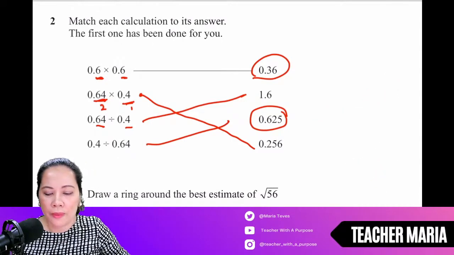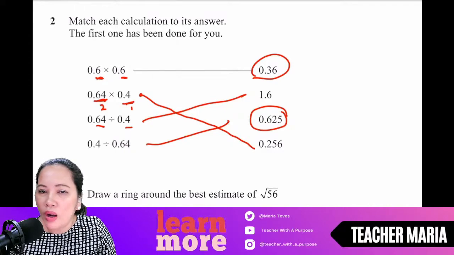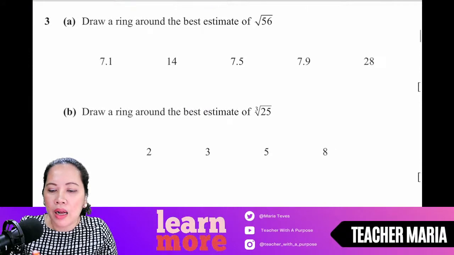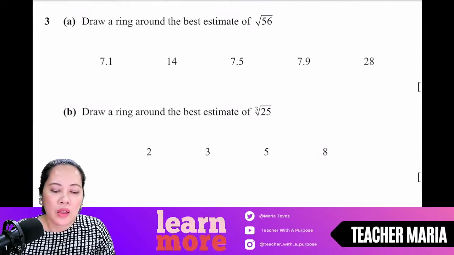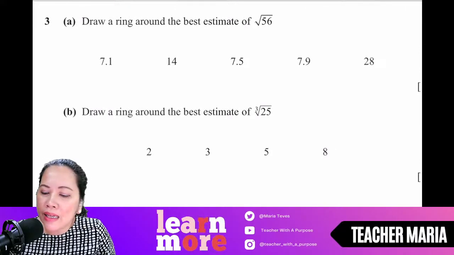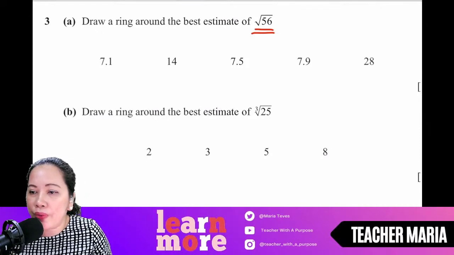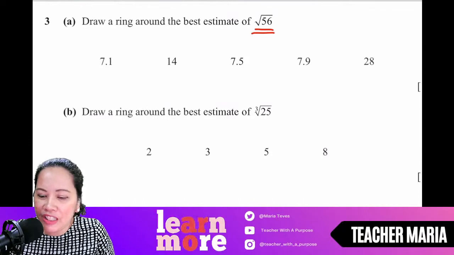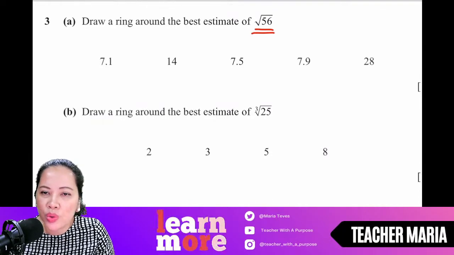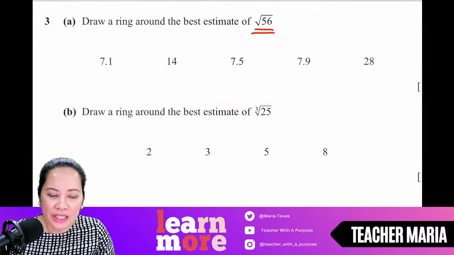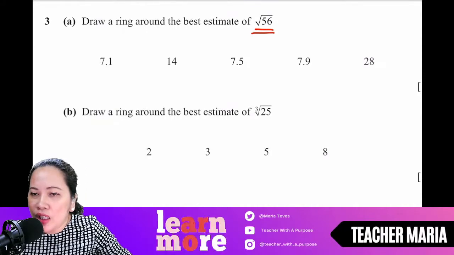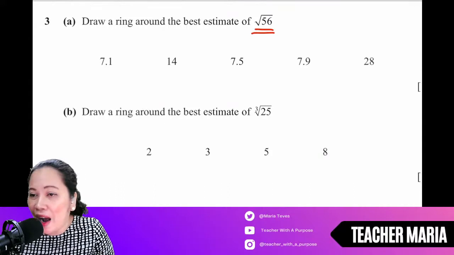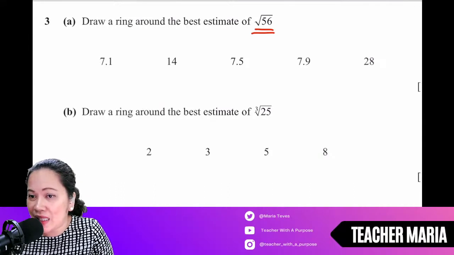Okay. So moving on to the next question. You are asked to draw a ring around the best estimate of square root of 56. Now, when we do square root of 56, what you need to do is find the perfect square before and after square root of 56.